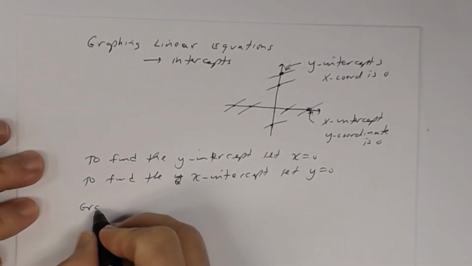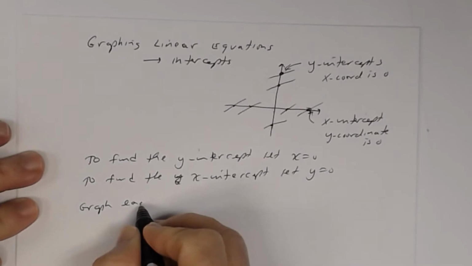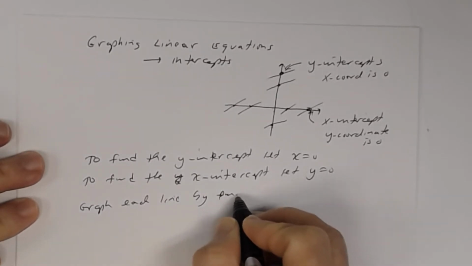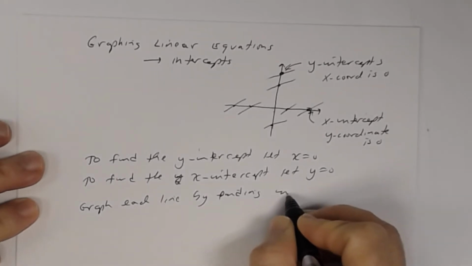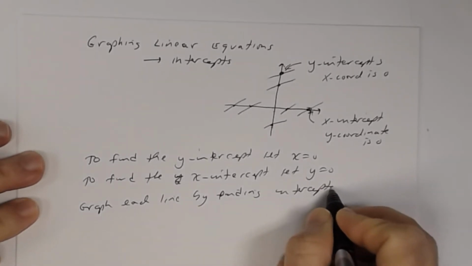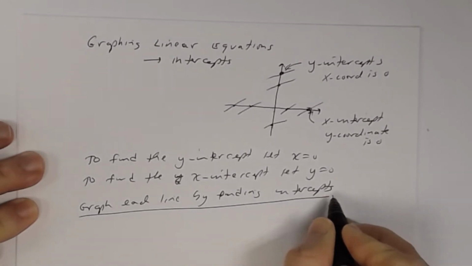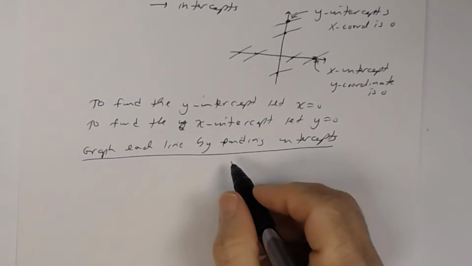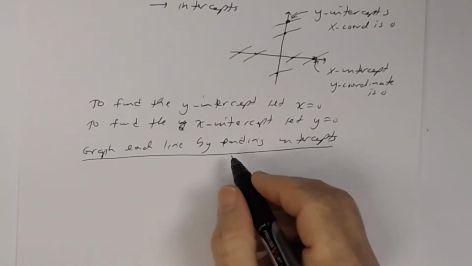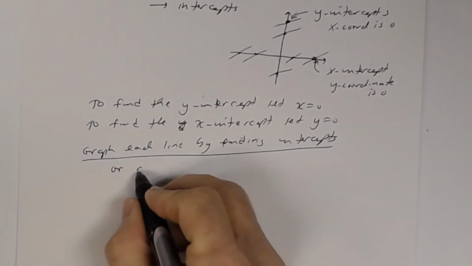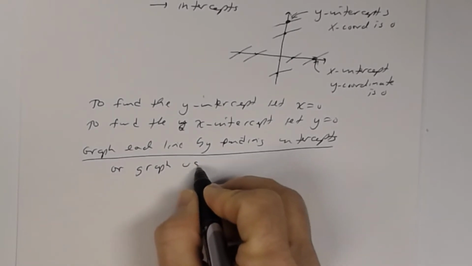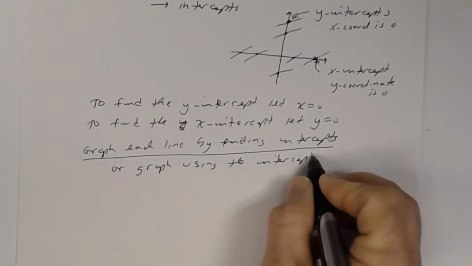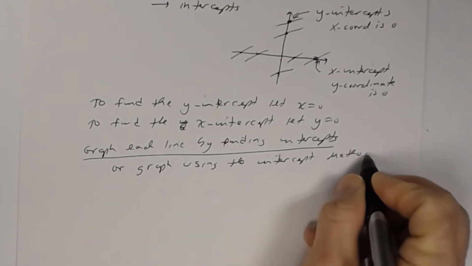So we're going to graph each line by finding intercepts. Sometimes it will say graph each line using the intercept method, depending on the textbook.